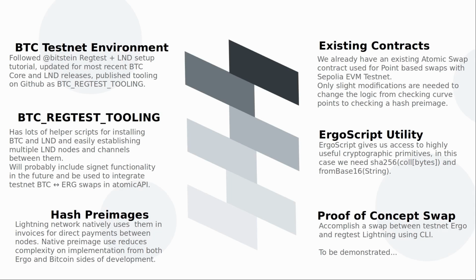The contract is used with the Sepolia EVM testnet. The only modifications we need to make are, instead of checking curve points, we're going to be checking a hash preimage. So ErgoScript gives us a lot of access to what we need to accomplish this already. In this case, we have a SHA-256 function and a from base 16 function.